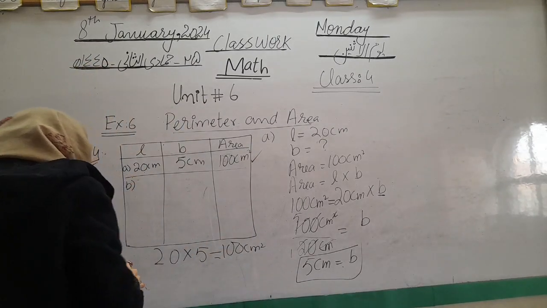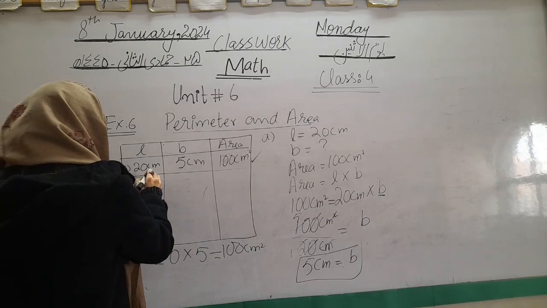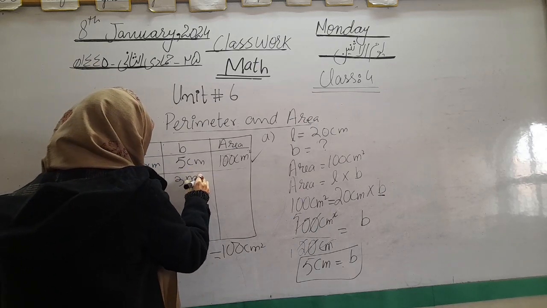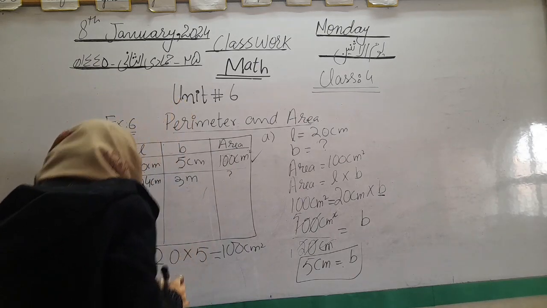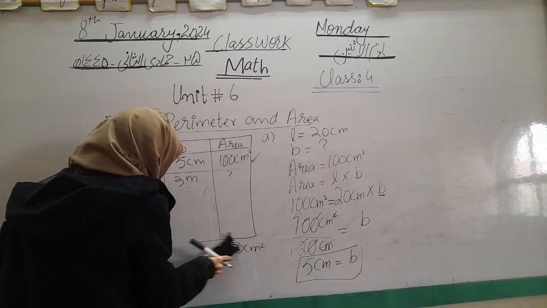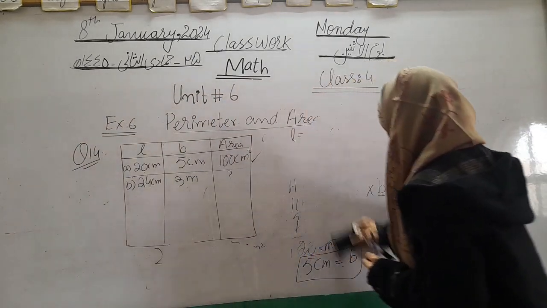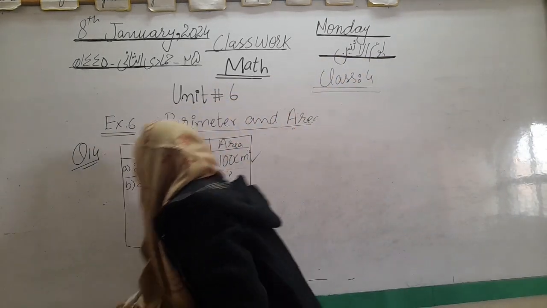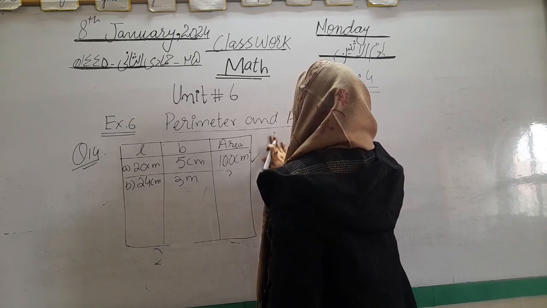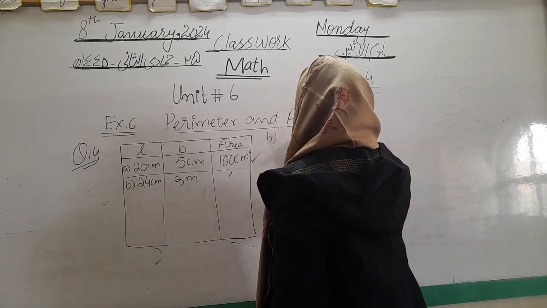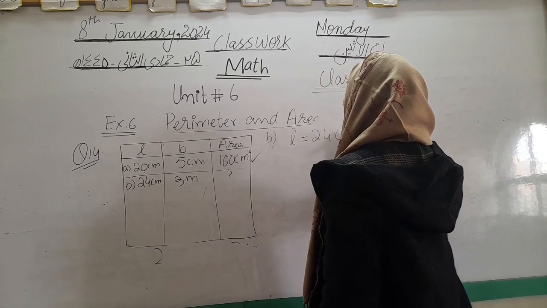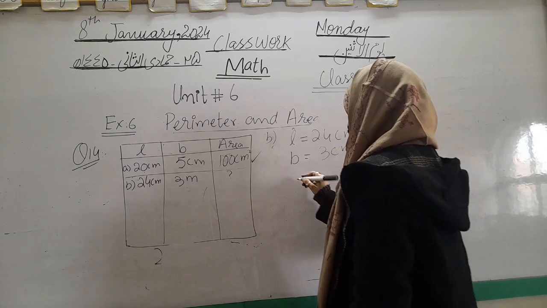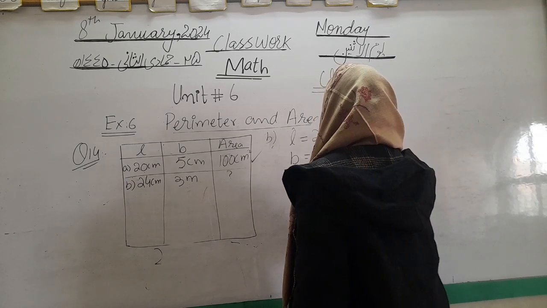Now we have B part, and in B part the length is 24 centimeter and the breadth is 3 centimeter, and you have to find the value of area, and this is very easy.